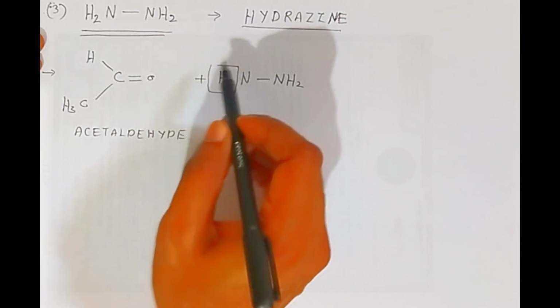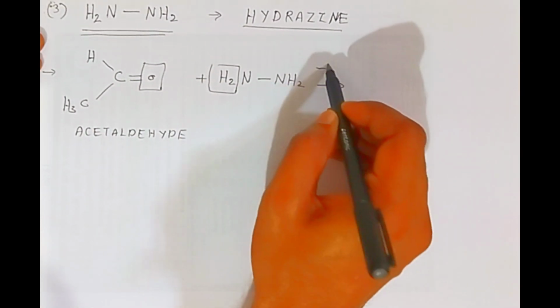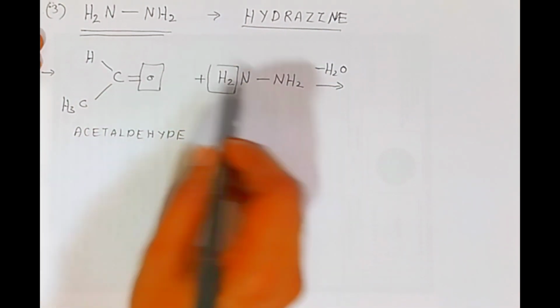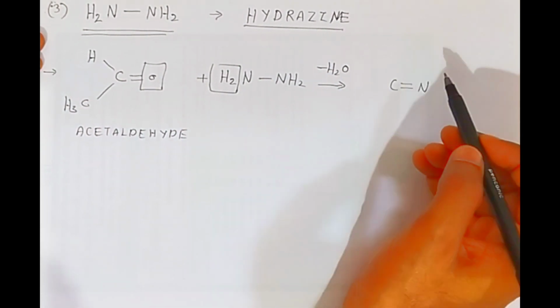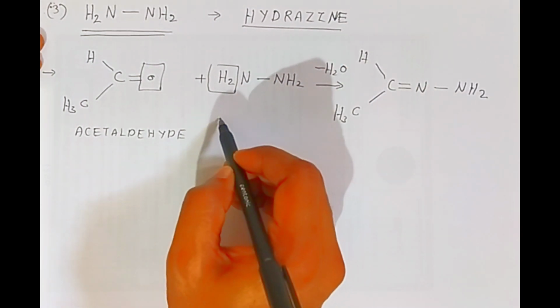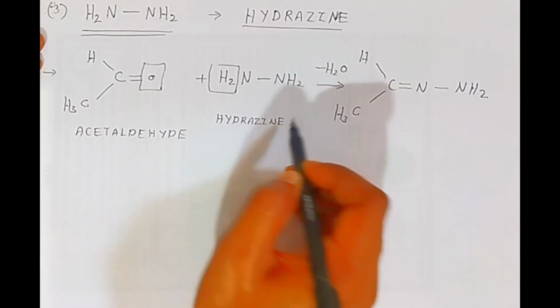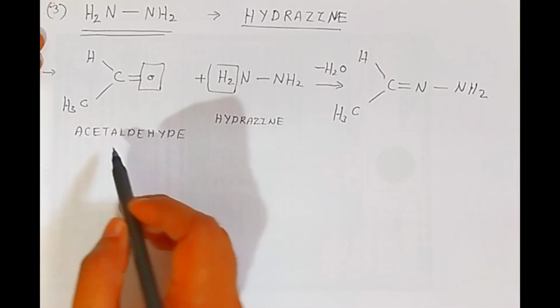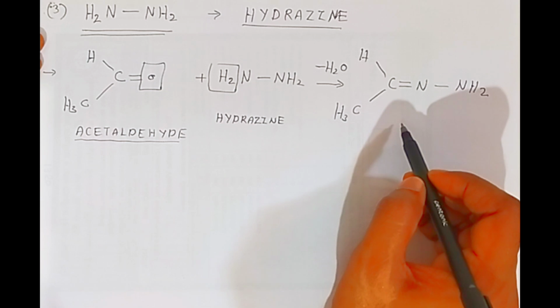The hydrogen of the hydrazine combines with the oxygen of this acetaldehyde, and there is elimination of water molecules, and the carbon and nitrogen are joined. So there is an addition reaction taking place, students. When hydrazine is added to the acetaldehyde, we call it acetaldehyde hydrazone. It will convert into acetaldehyde hydrazone.